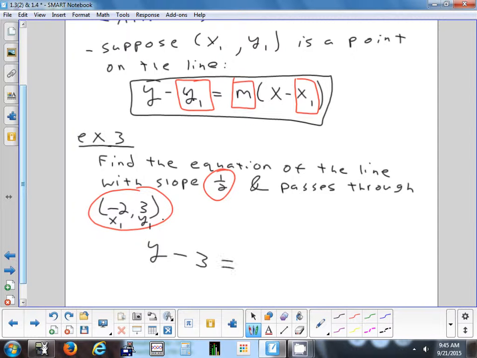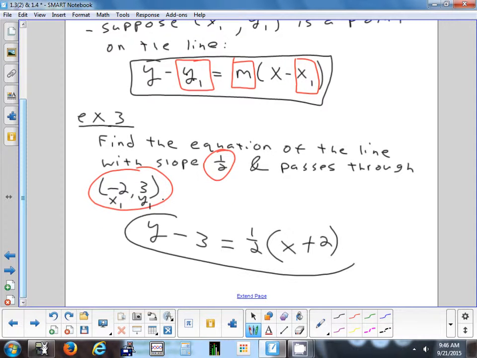So far, so good. Equals m, which is a half, times x. Now be careful here. It's x minus x1. Wouldn't it be positive 2? Why is it going to become plus 2? There's 2 minus. Yeah, it's x minus minus 2. Okay, so it becomes plus 2.